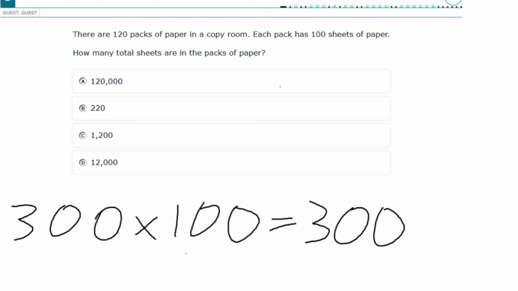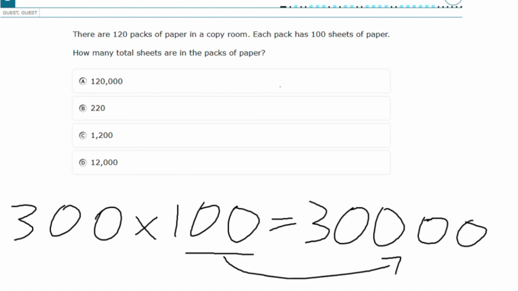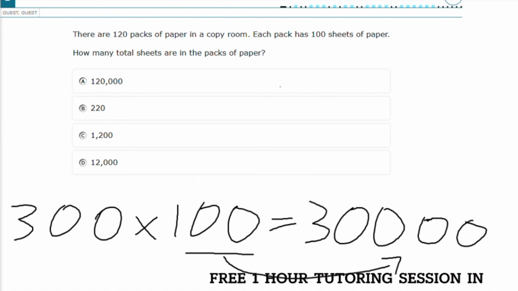We're gonna count how many zeros we have. We have 2. We're gonna send them to the back. And this works every time, I promise. And so that would be the answer. So instead of doing a really long multiplication problem, you can use this trick on any problem that you're multiplying by 10, 100, 1,000, even 1,000,000. Just take the zeros and send them straight to the back.